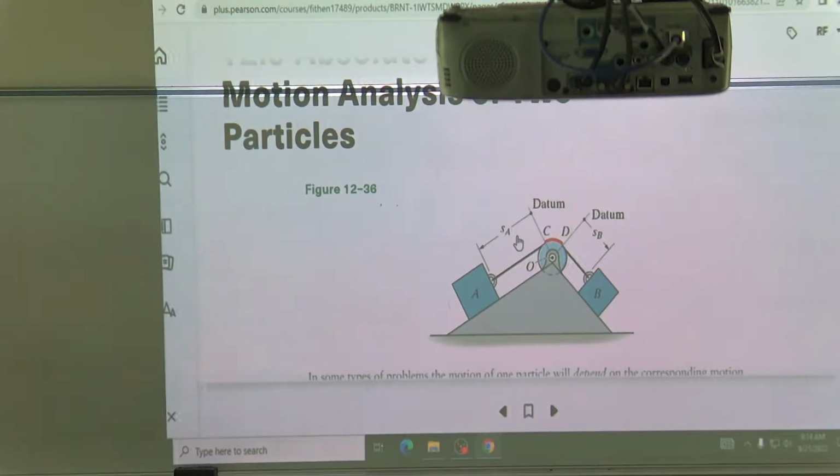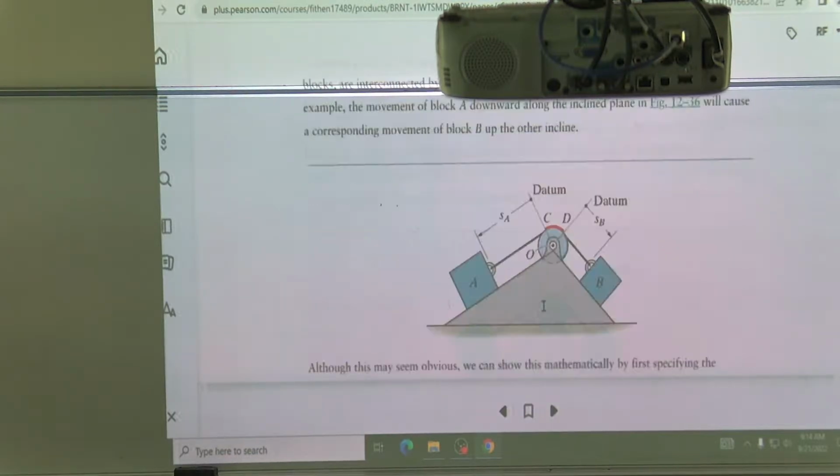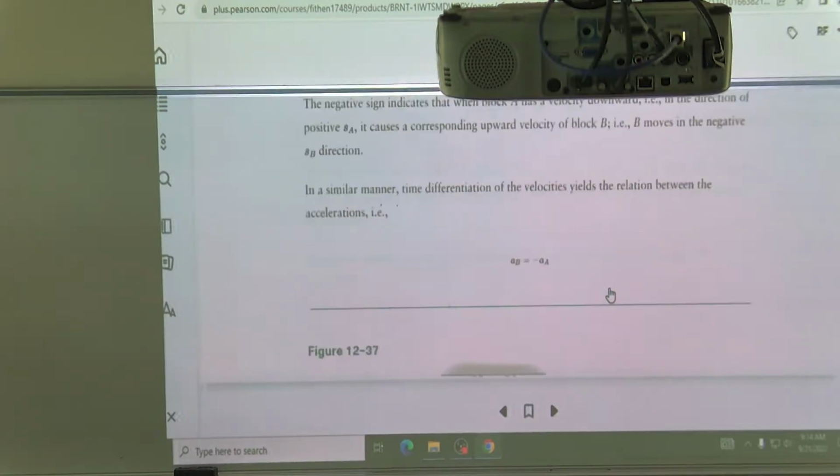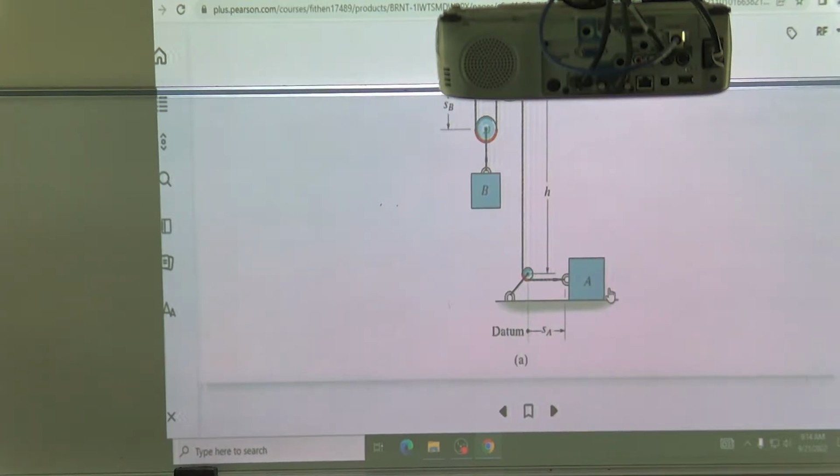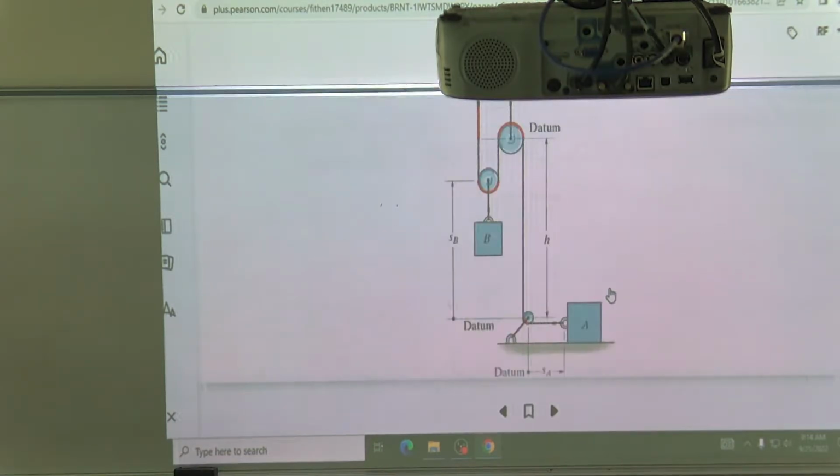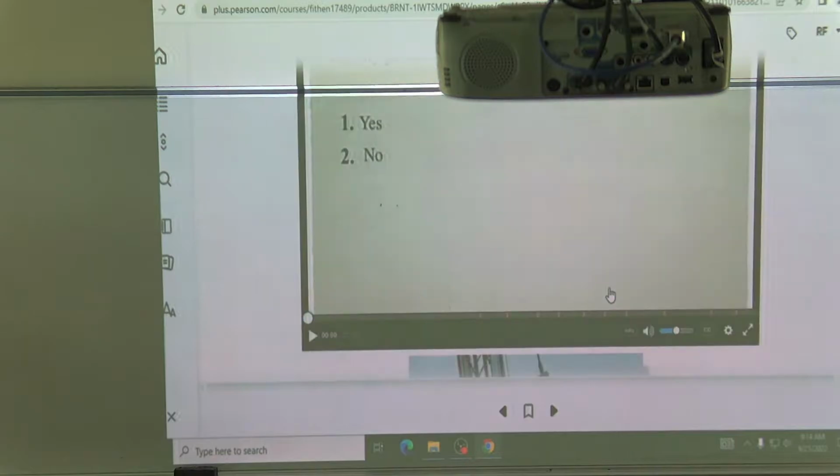In this, the aspect ratio looks fine on this screen. I don't know about up there, but these are two square blocks, except if you look at it on this monitor. What you're going to do is try to relate the motion of block A to block B. However, they can be complicated like this one, or even more complicated.